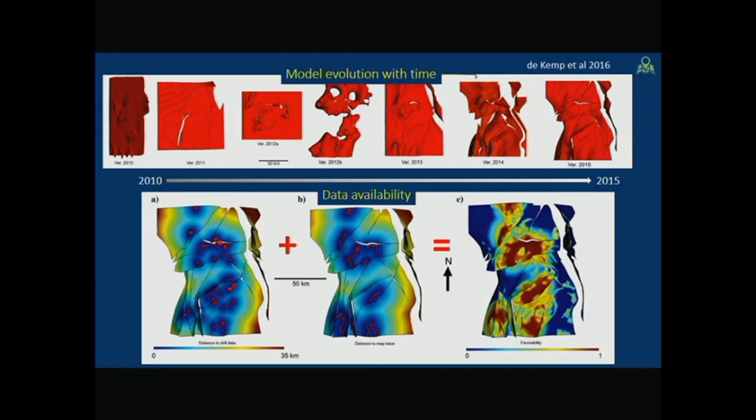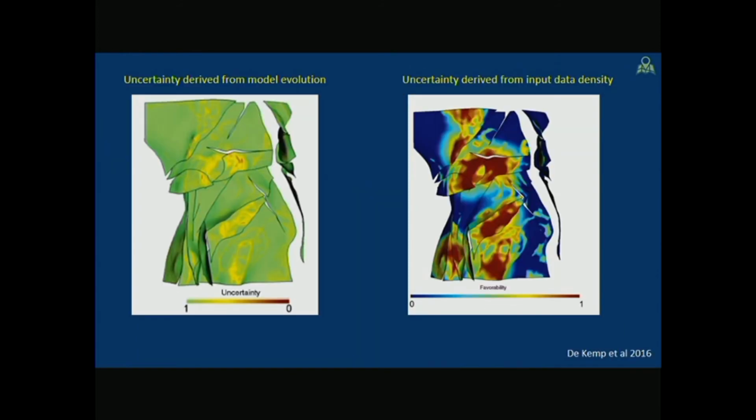But what he's also done is work out the uncertainty by combining all of the different models over a 5-year period. And here, red means low uncertainty, so we know what's going on, and green means high uncertainty, which means we don't know what's going on.